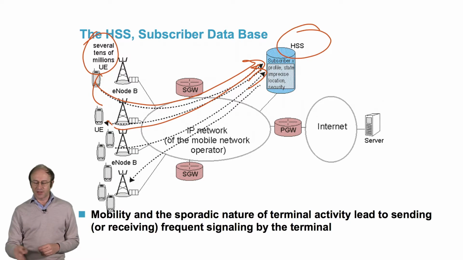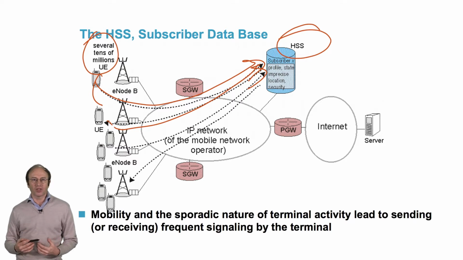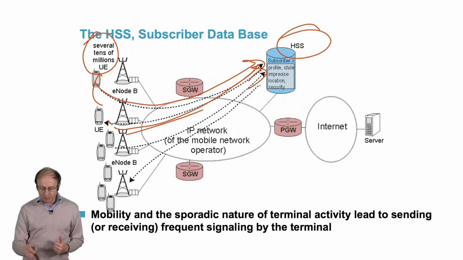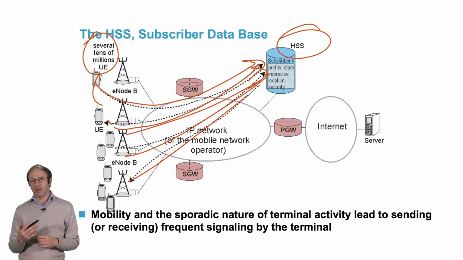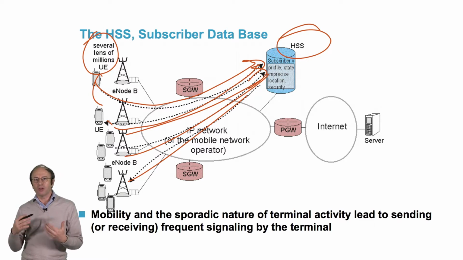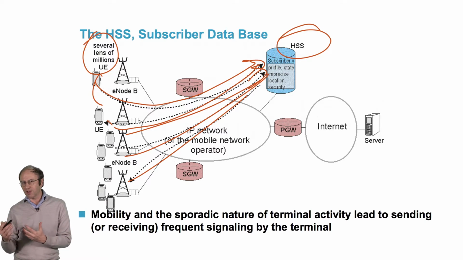The HSS, even though they are powerful, risk being saturated, having to manage this set of simultaneous requests. On top of that, we need a lot of signaling exchanges to manage the sporadic nature of transmission. We will see this later in the course.